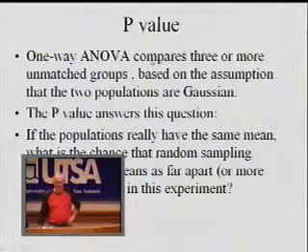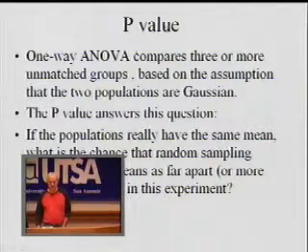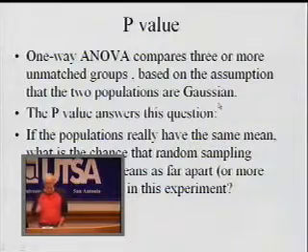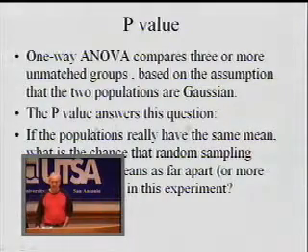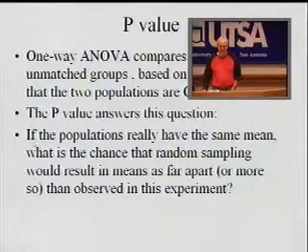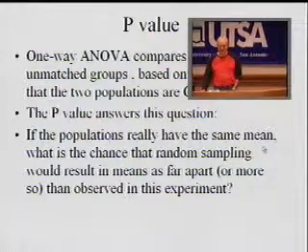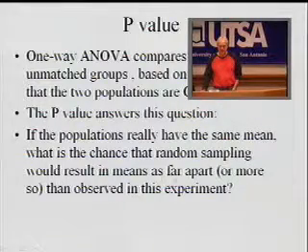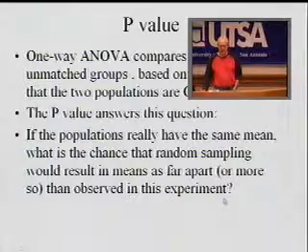So the one-way ANOVA compares 3 or more unmatched groups, based on the assumption that the populations are Gaussian, so it's only for normal data. The p-value answers this question: if the populations really have the same mean, what is the chance that random sampling would result in means as far apart, or more so, than observed in this experiment?